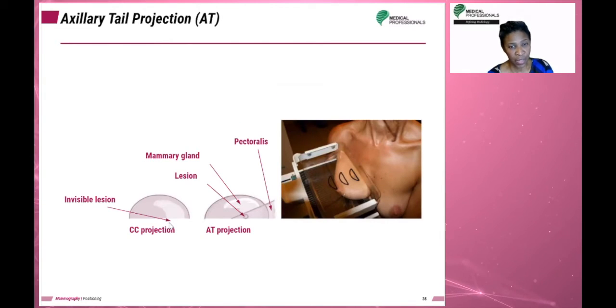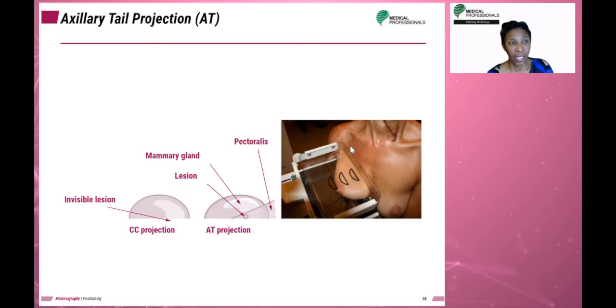It's missed on the CC, and may not necessarily be imaged on your mediolateral oblique. The AT gives that deep tail of Spence area of the breast, and that will get that image. Now, the angulation and patient position is often dependent on the facility. Some facilities will set something, for example, 20 or 30 degrees. Others leave it at the discretion of the technologist.